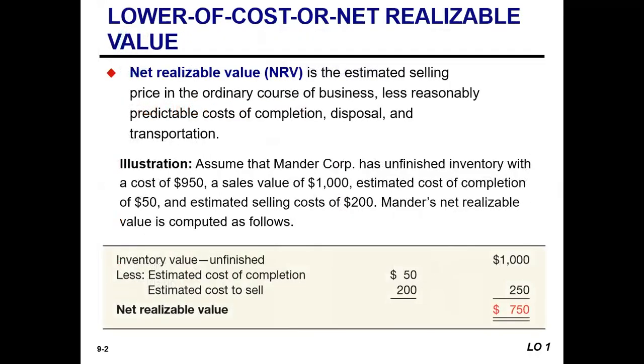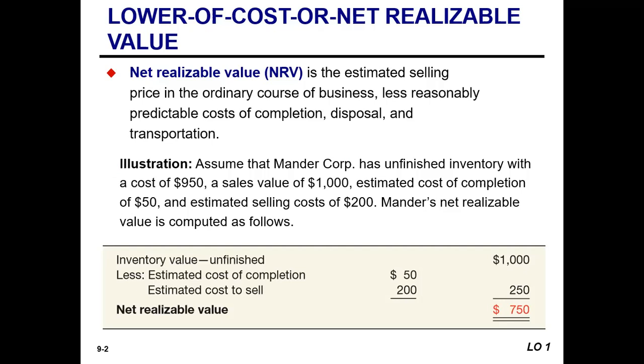Okay, so net realizable value. We have talked about net realizable value before, but up to this point it has been related to accounts receivable, right? With accounts receivable, net realizable value is what we're owed, the total balance in accounts receivable, less the allowance for doubtful accounts.